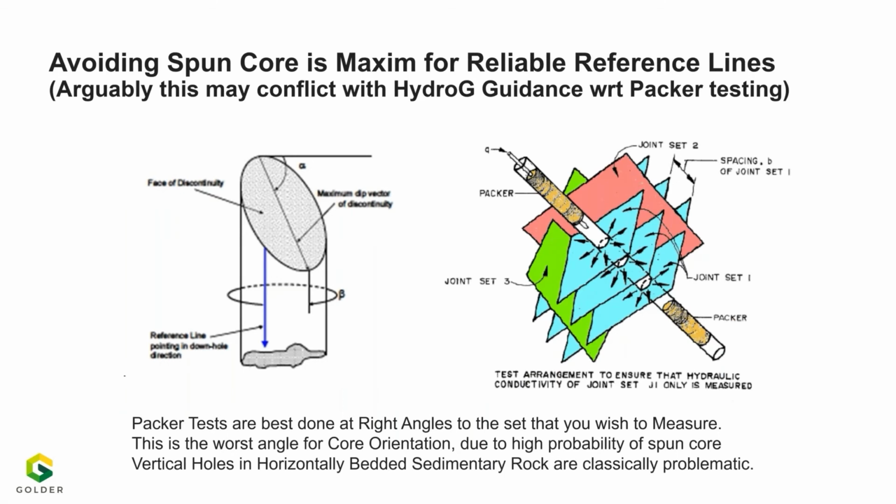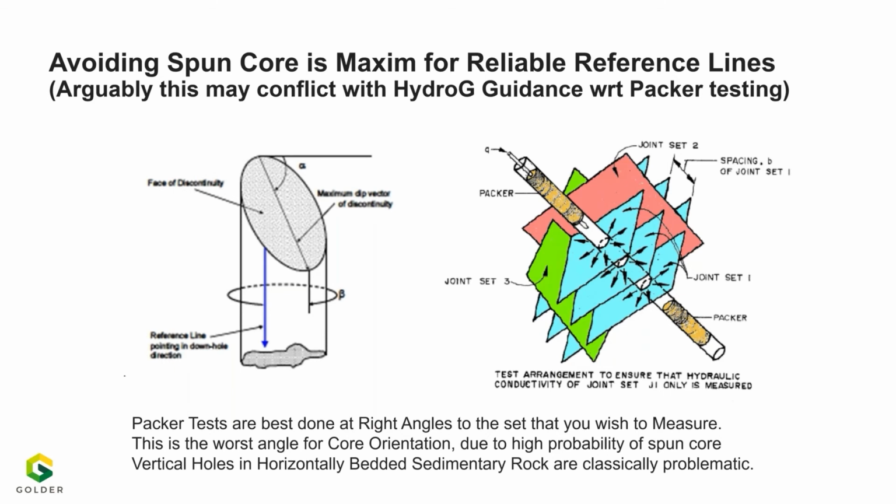So sometimes we need to consider very carefully the orientation of where we place our holes so that we aren't making matters worse for ourselves. We need a reasonable angle of the joints so that we get good impressions from all of the orientation devices. And also, even that the core doesn't get spun by the driller.